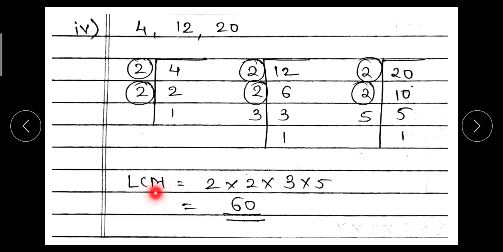So the LCM is, common factors we have got 2 times 2. So 2 and 2 are common and these 3 and 5 are uncommon. So the LCM is 60.